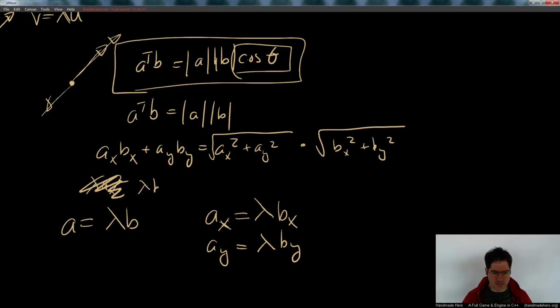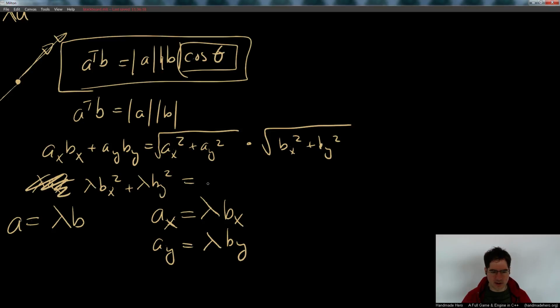So it's lambda BX squared plus lambda BY squared equals lambda squared AX squared plus lambda squared AY squared, which is lambda squared times AX squared plus AY squared.